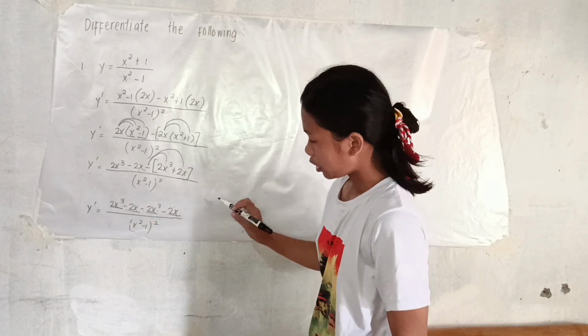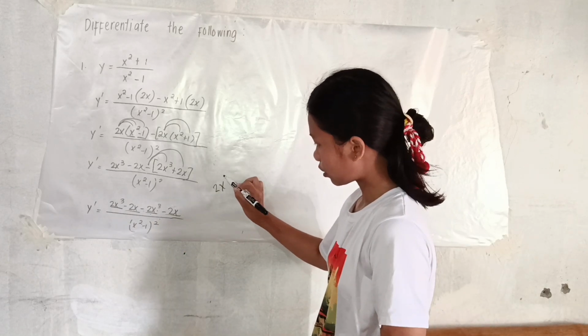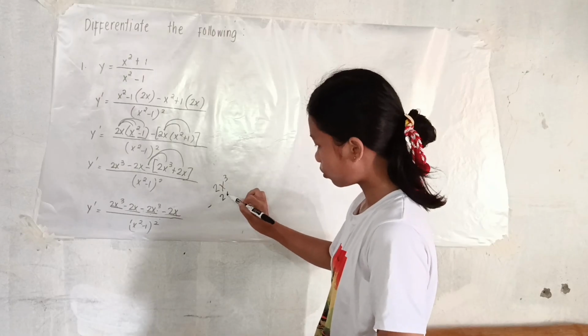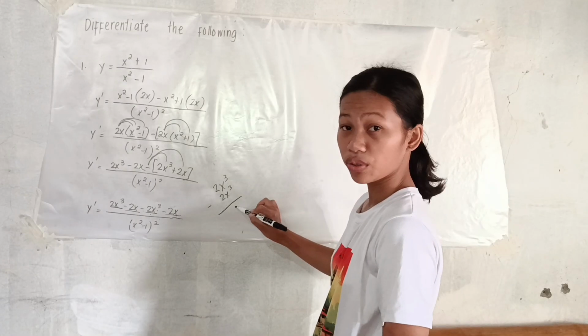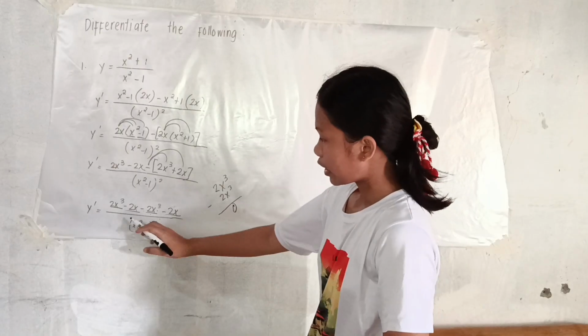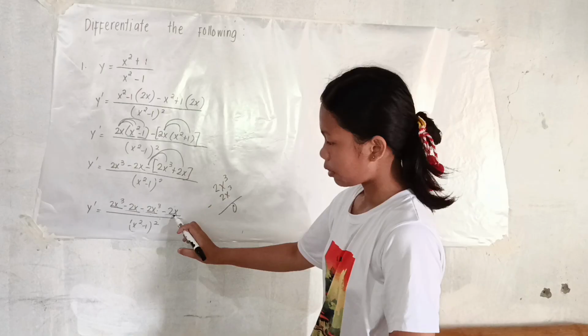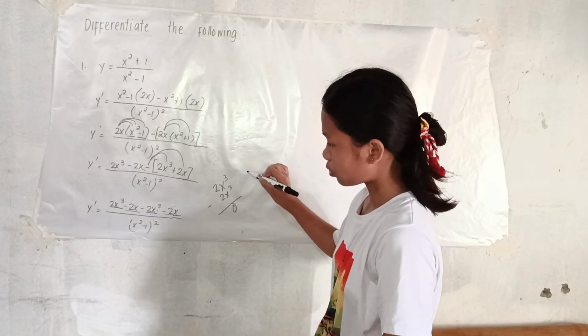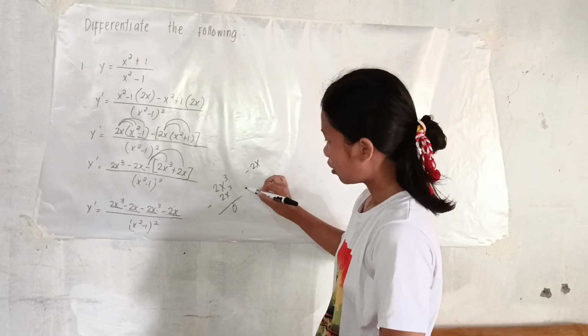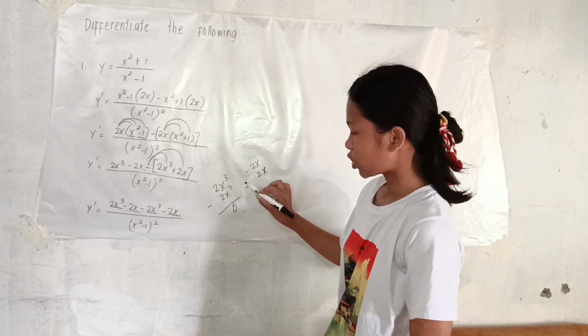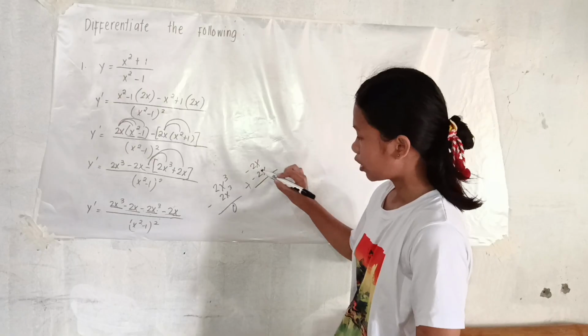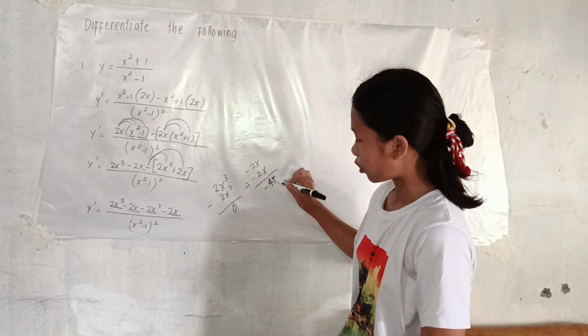So, kung ato ni siya i-minus, 2x cubed minus 2x cubed, mahimong 0. And kani si negative 2x, same gihapon sila, like term. So, pwede nato sila i-combine. So, negative 2x minus 2x, ma-change ang sign, ang positive ang negative. So, i-add sila, negative 4x.